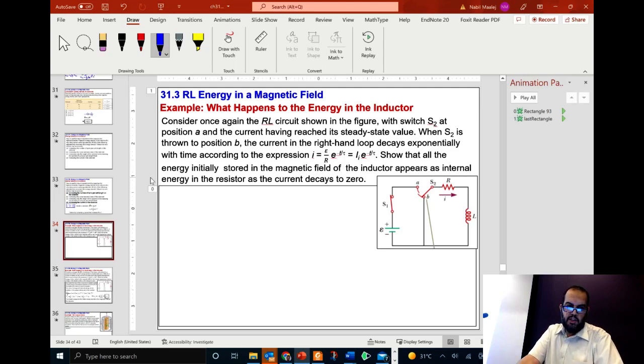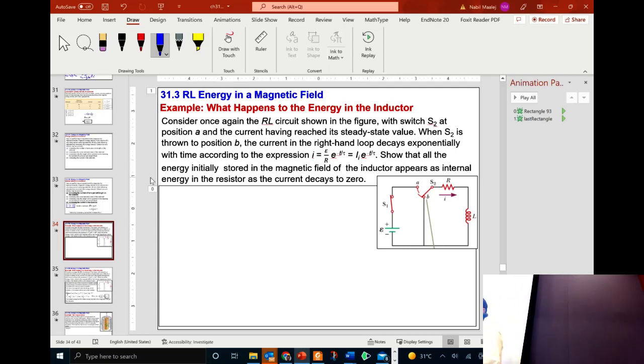When S2 is thrown to position B, the current in the right-hand loop decays exponentially with time according to the equation I equals epsilon over R times exponential of minus t over tau. Show that all the energy initially stored in the magnetic field in the inductor appears as internal energy in the resistor as the current decays to 0.